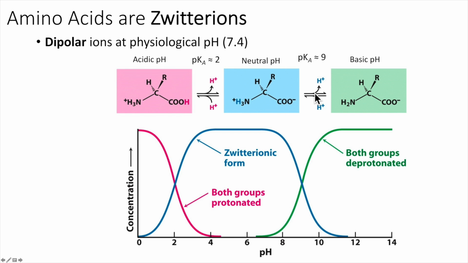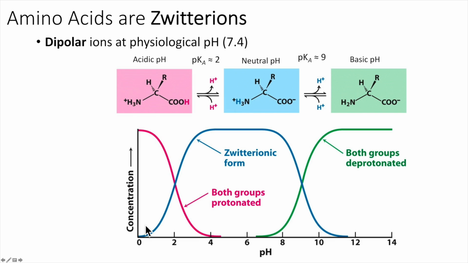And if you go forward in the titration curve, then we're looking at the deprotonation of the amino group. And so the key thing to know here is that at neutral pH, or around pH 7.4, what we have are both of these charges, and the net charge is 0, right? And when the net charge is 0, it's called a Zwitterion, meaning 2 ions, 2 different charges.